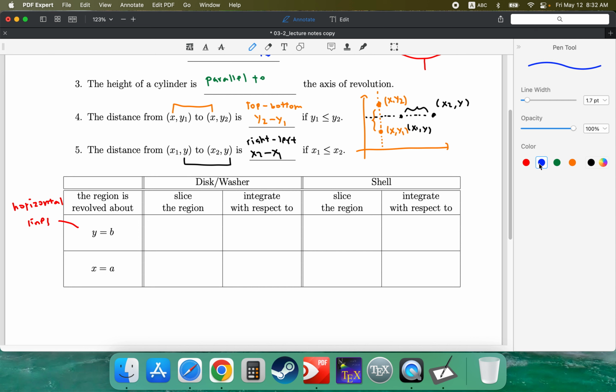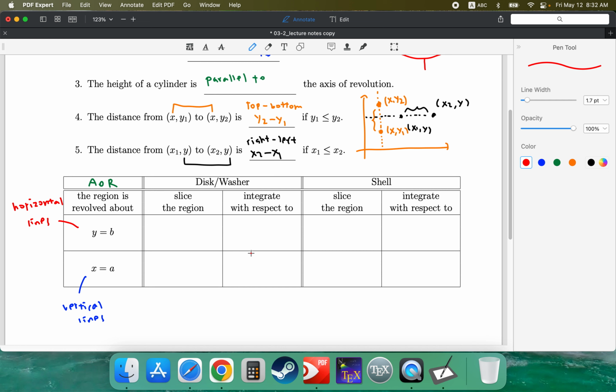And x equals a represents all the vertical lines, including the y-axis, because the y-axis has the equation x equals 0. So here you have the column of axis of revolution.